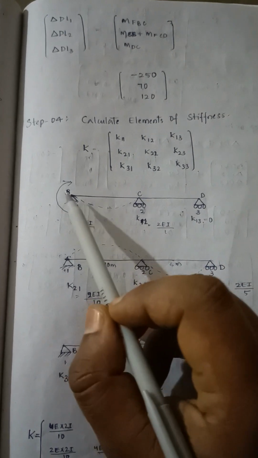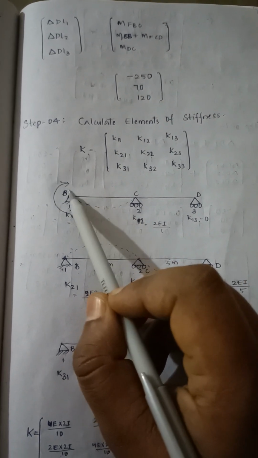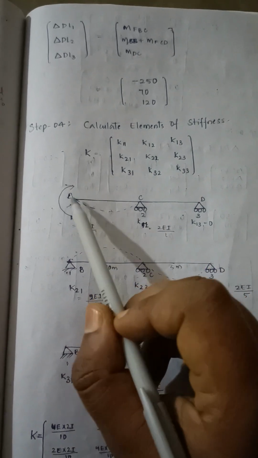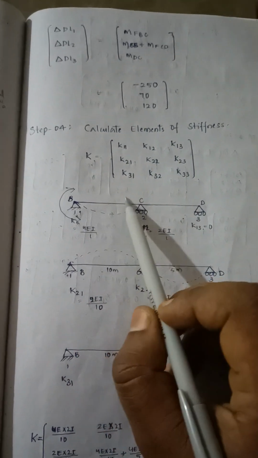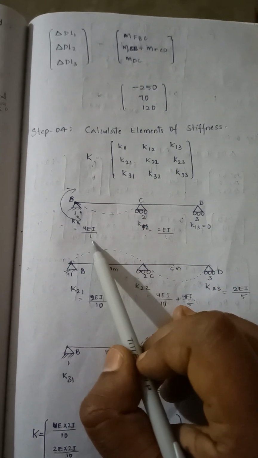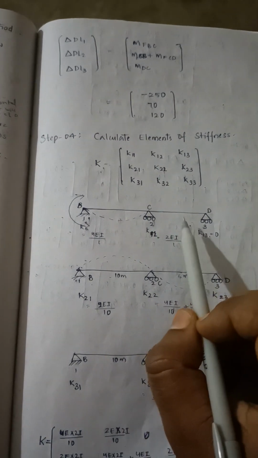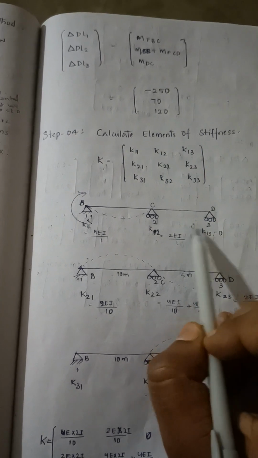Due to the unit moment, the stiffness value here is 4EI by LBC. Next here it will be 2EI by LCB. So here the value is 4EI by LBC, 2EI by LBC. Next, here there is no effect, therefore K13 equal to 0.